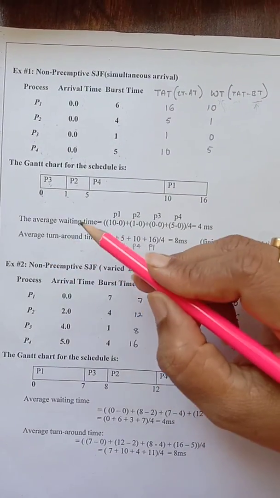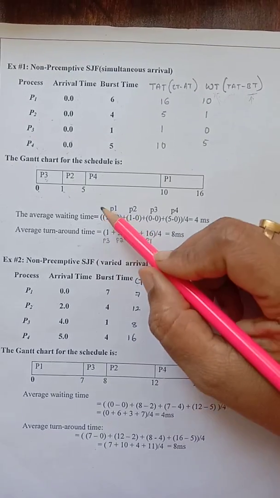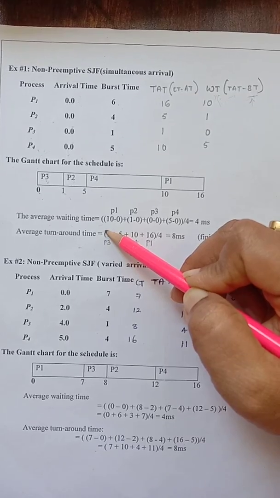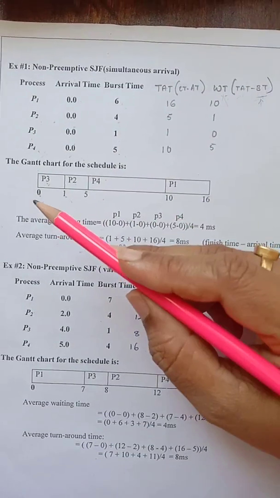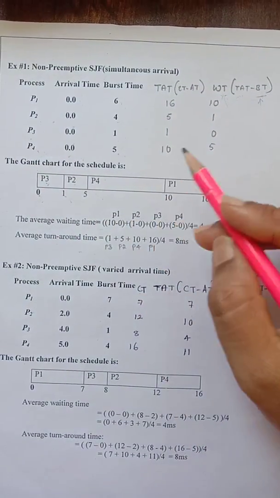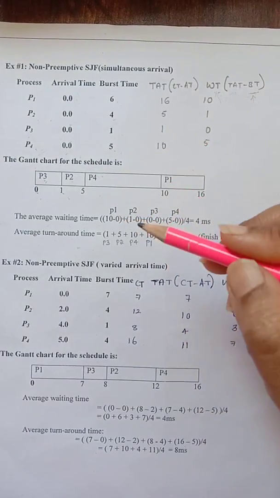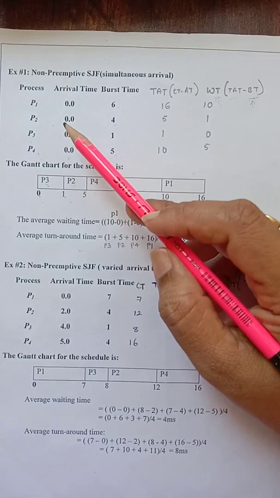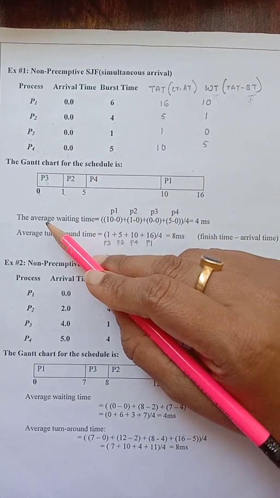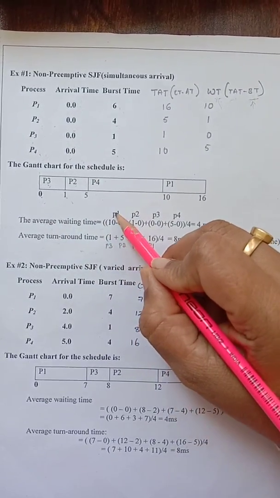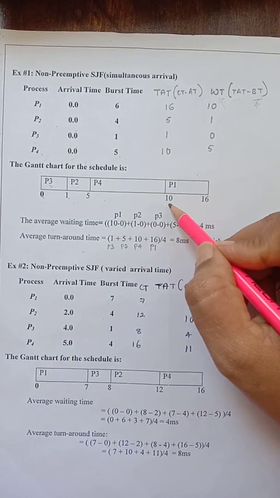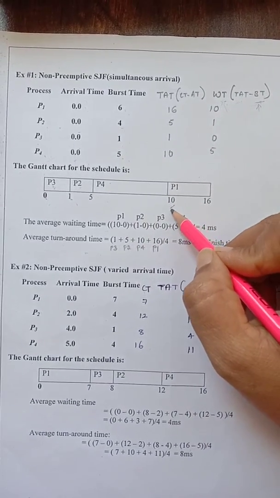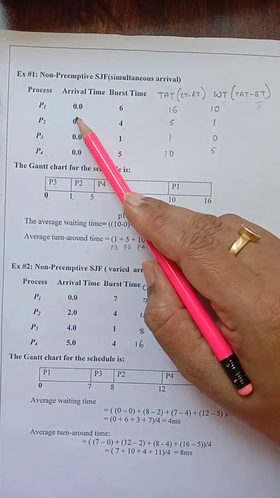So now let us calculate the average waiting time. Waiting time is nothing but the start time minus the arrival time at this moment, because we have not yet started with the TAT, and all have arrived at 0. For P1, the first response time started at 10 milliseconds, but he arrived at 0.